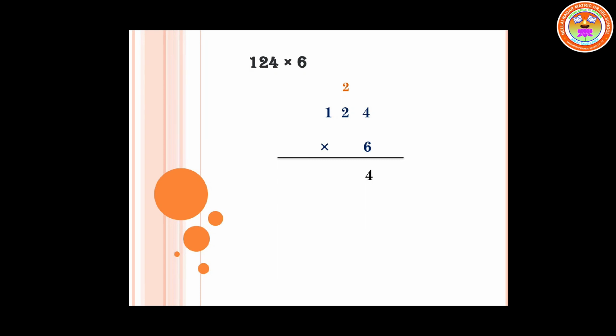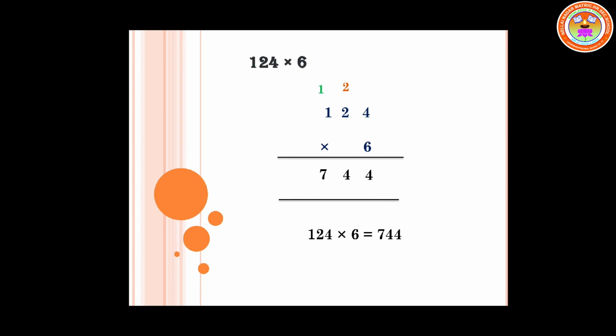What is 2 6 are? 12. 12 plus 2 is 14. So 4 is here and 1 is the carryover. 1 into 6. 1 6 are 6 plus 1 carryover is 7. So what is the answer? 124 into 6 is equal to 744.